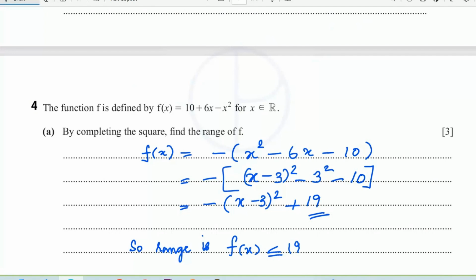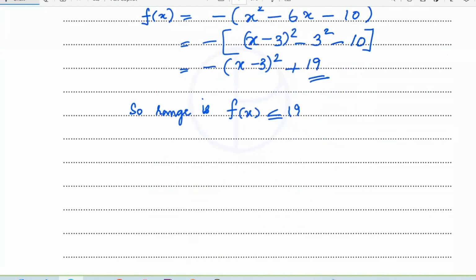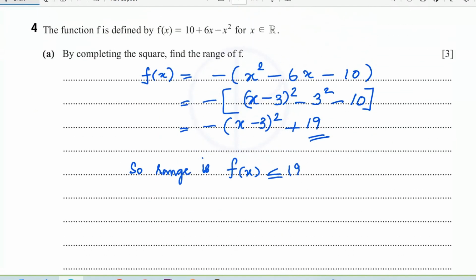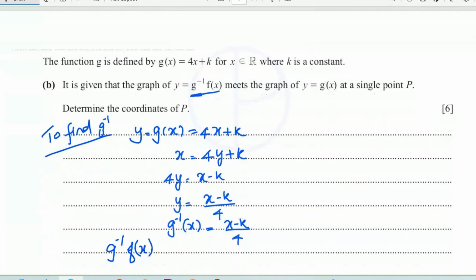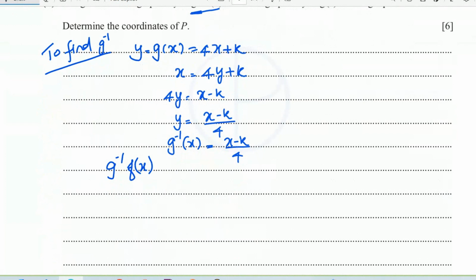So f of x is 10 plus 6x minus x square, or we will take the completing the square format: minus (x minus 3) the whole square plus 19. So g inverse of f of x is minus (x minus 3) the whole square plus 19 minus k, divided by 4.